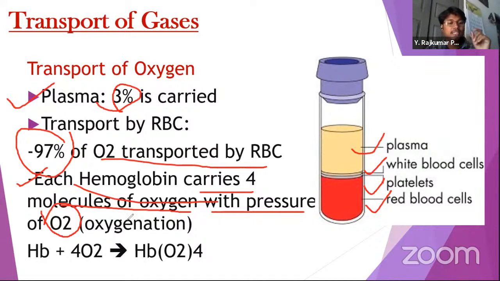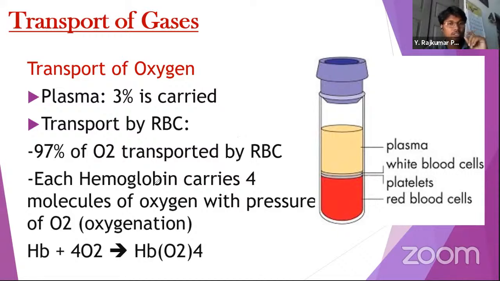Here you can see each hemoglobin molecule; at the bottom there is an equation. Each hemoglobin carries 4 molecules of oxygen, so Hb + 4O2 gives Hb(O2)4. This is the equation of hemoglobin oxygenation.